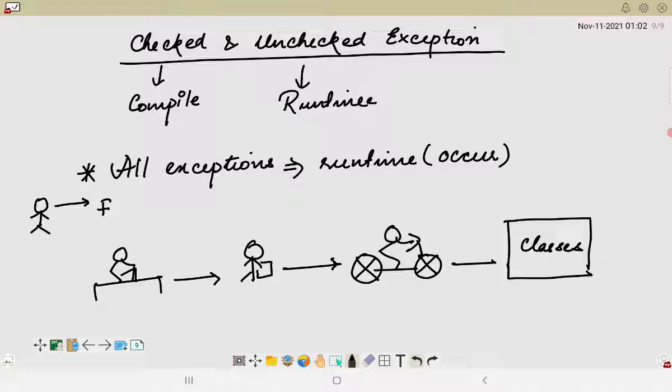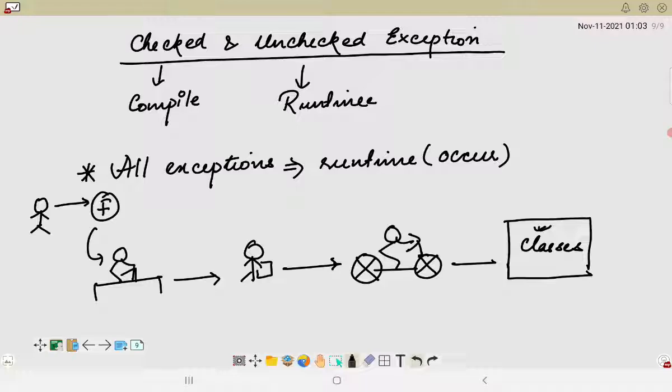The father gives these checks so that the student does not face any problem when he is about to attend his college. Otherwise, if he does not carry his identity card, he will not be allowed inside the college, or if he does not take his assignment, he might face certain problems in the class.